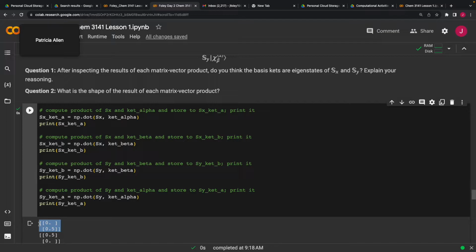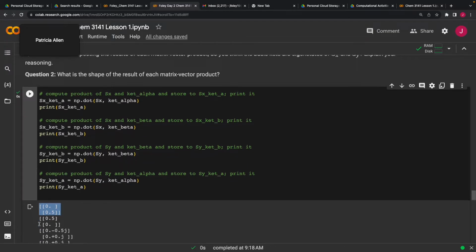So the result essentially is a rotation, and a contraction. It was pointing up along this axis, which we're calling alpha hat. And then after multiplication by Sx, it is pointing along the direction b hat, or beta hat. So is it an eigenvector? No, it is not, because it has changed directions.